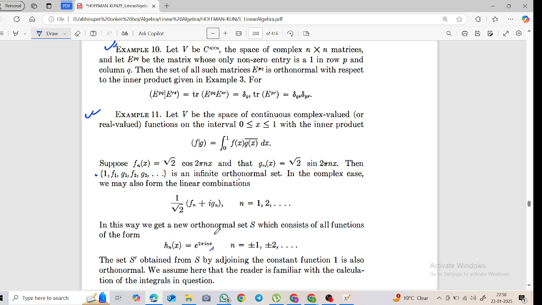In this way, we get a new orthonormal set S, which consists of the functions this. These are also an orthonormal set, but they are making a new one by this. So we will slowly see the techniques to obtain an orthonormal basis from an arbitrary basis.